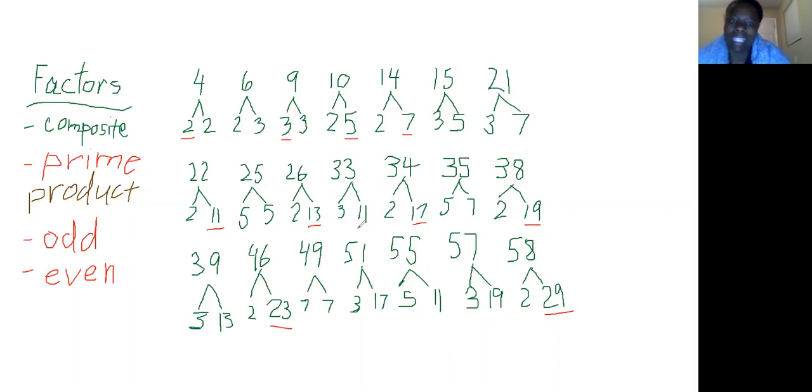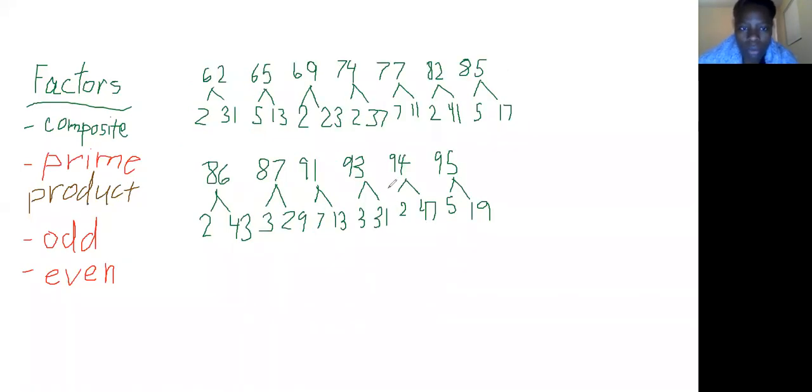So, like I said, the even numbers are the ones that end in 0, 2, 4, 6, 8. And the odd numbers end in 1, 3, 5, 7, or 9. All right. Now let's get to the rest of our factors, and that will conclude this lesson.